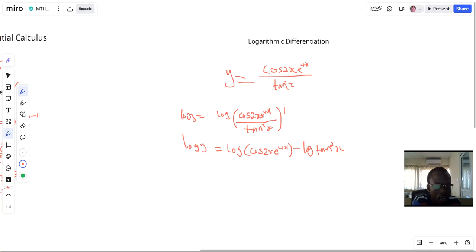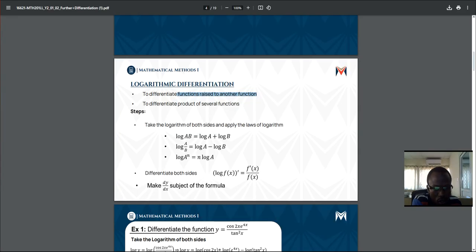This is our a and this is our b. However, in a we have two functions, cos 2x and e power 4x, so we apply the rule log ab is equal to log a plus log b.